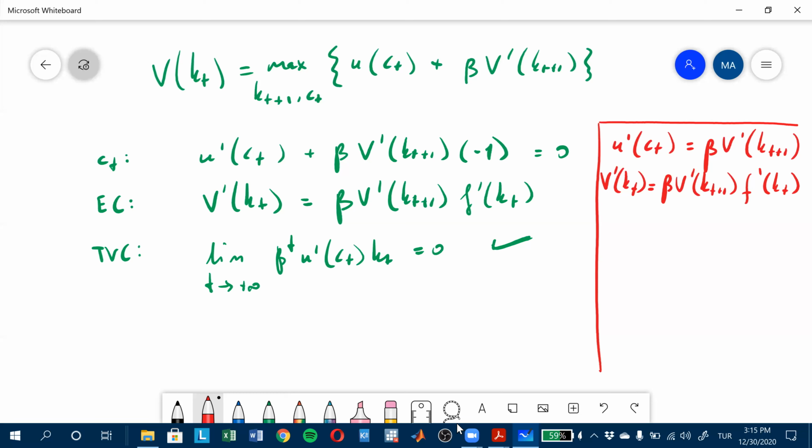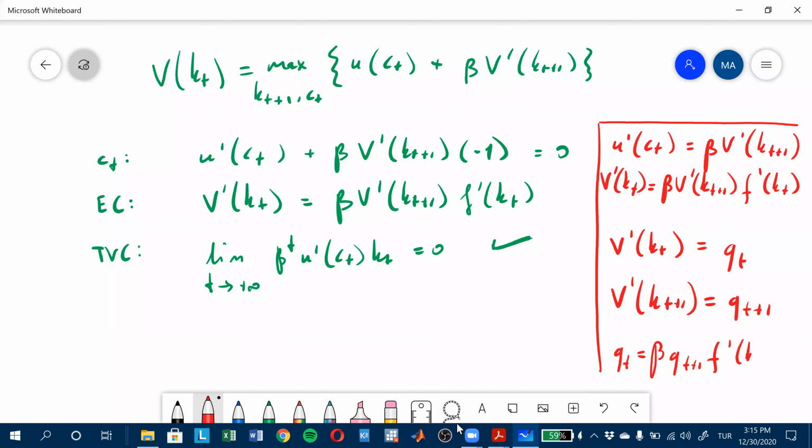Okay, and we have the other stuff. Now realize that if I denote V prime K_t by, let's say, eta_t or Q_t, I mean, let's use Q. Okay, it doesn't really matter. Now V prime K_{t+1} becomes what? Q_{t+1}, right? So what do you have? You have Q_t equals beta Q_{t+1} F prime K_t.